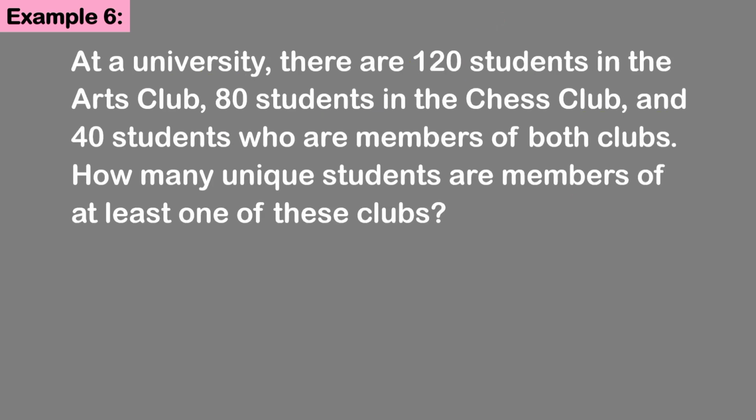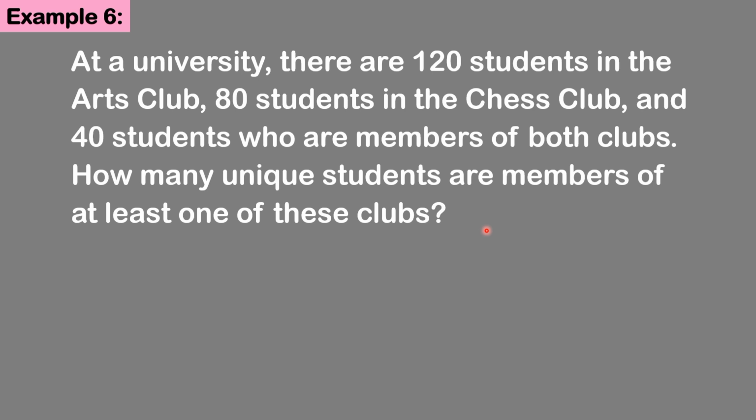Number 6. At a university, there are 120 students in the arts club, 80 students in the chess club, and 40 students who are members of both clubs. How many unique students are members of at least one of these clubs? Again, applying the rule of sum, or the principle of inclusion and exclusion here, because there is an intersection or overlaps.